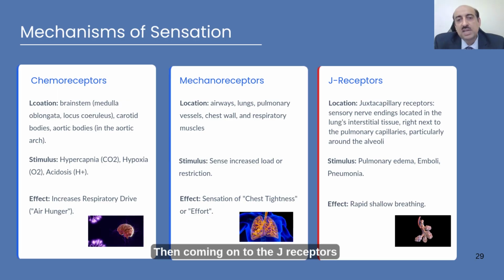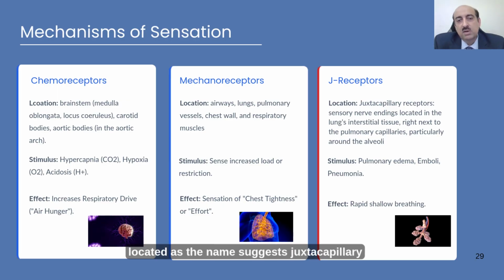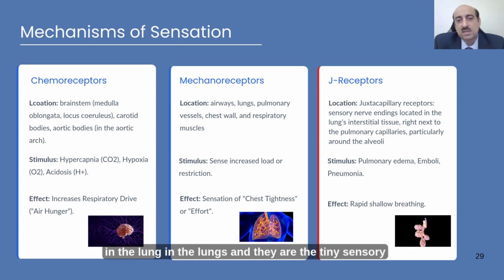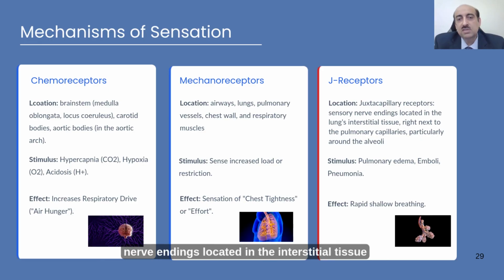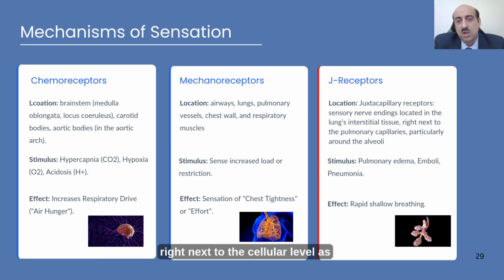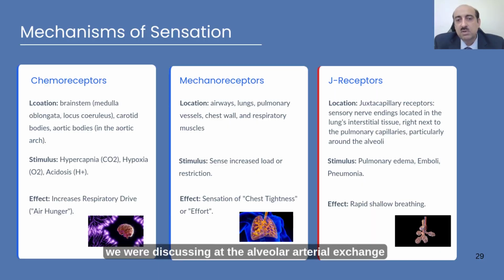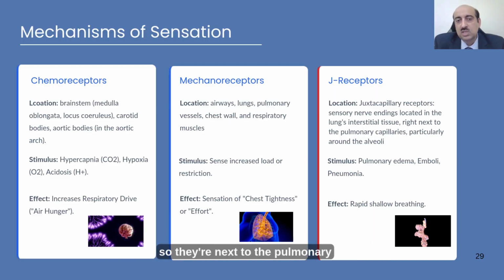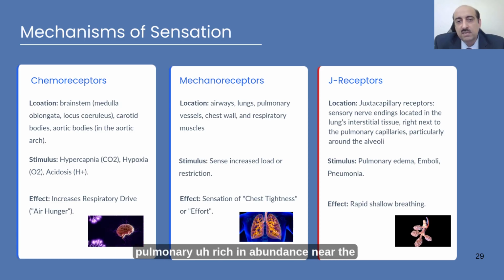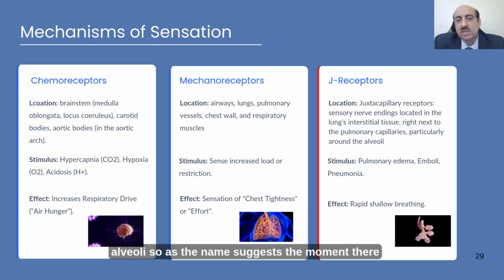Then coming on to the J receptors. These are juxtacapillary receptors, next to the capillaries in the lungs, and they are tiny sensory nerve endings located in the interstitial tissue, right next to the cellular level, as we were discussing at the alveolar-arteriolar exchange. They are next to the pulmonary capillaries, and predominantly abundant near the alveoli.